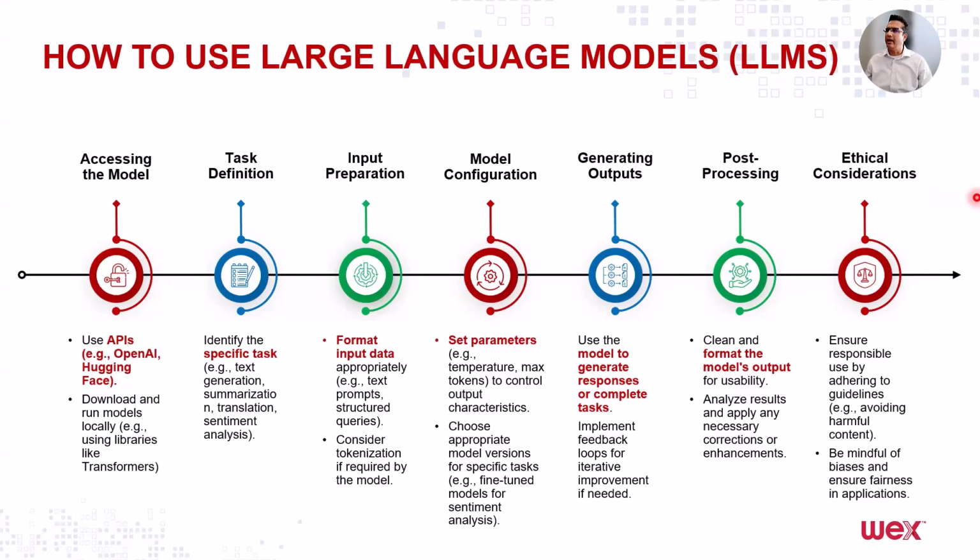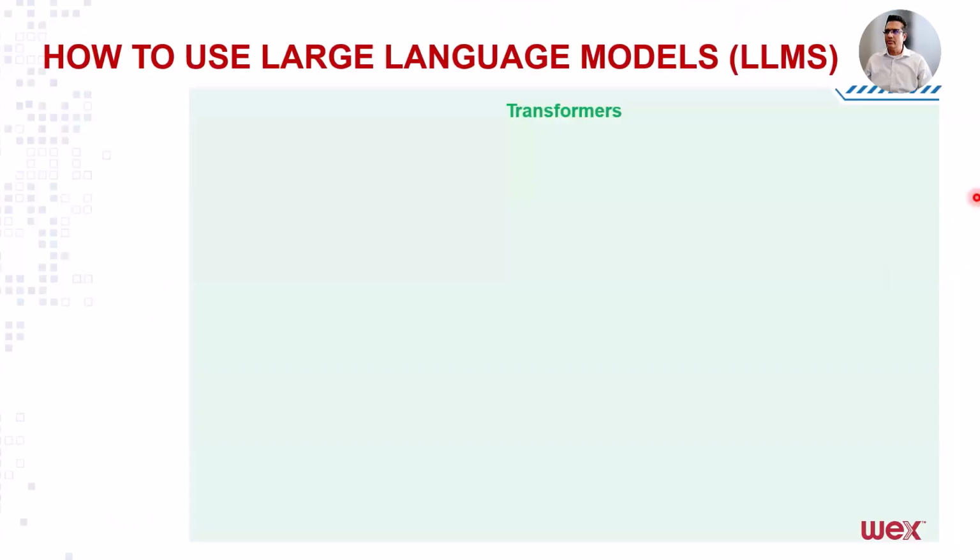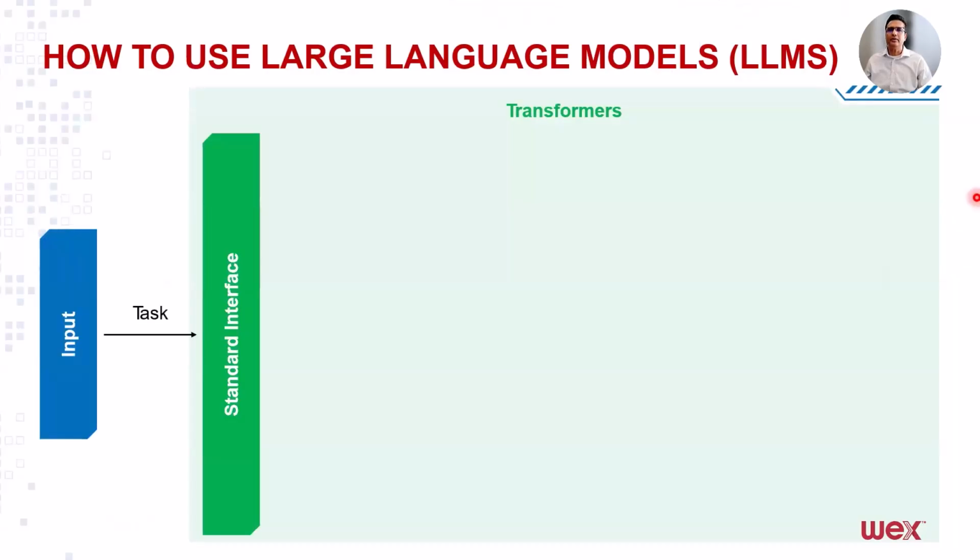We don't need to discuss it at length, but what I want to get your attention on is that transformers provide a very standard interface for you to perform different tasks. Now, if you see from the left, you can provide input to perform certain tasks through an OpenAI standard interface or LLM standard interface.